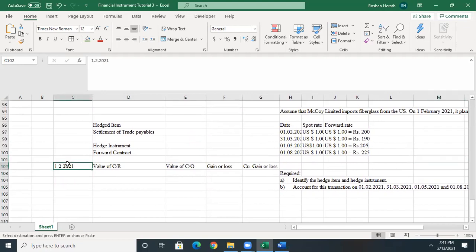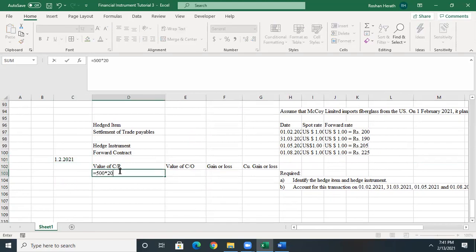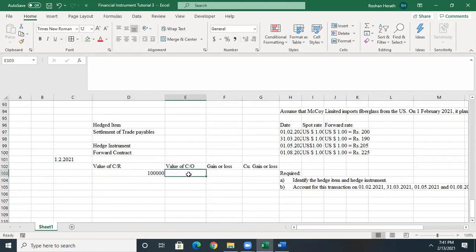On this particular date, the right is 500 into 200, the obligation 500 into 200, which is 100,000. So no gain at all. Therefore initially you need to do no accounting, as usual.